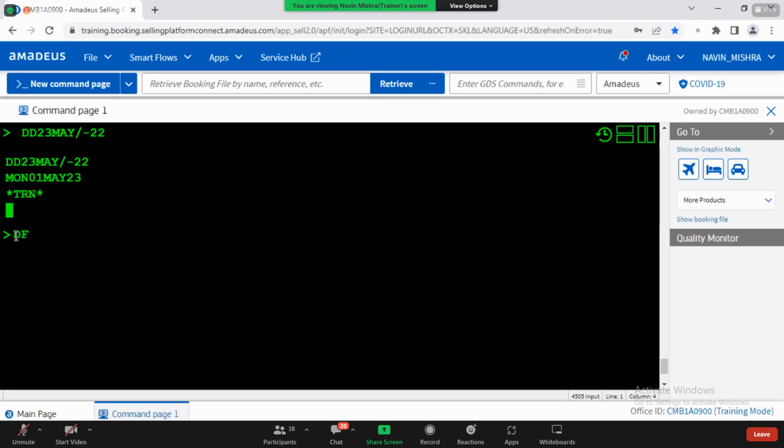Apart from the calculator, Amadeus also provides you these four arithmetic calculations. Suppose you want to add two numbers: you enter the first number, then put a semicolon and add the second number. Now press enter. This will give you the result of adding these two numbers.